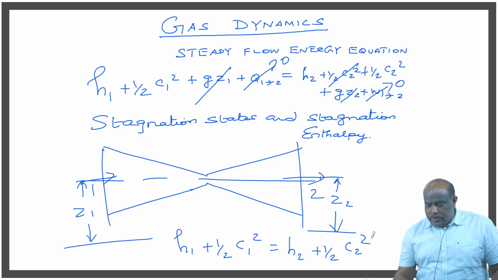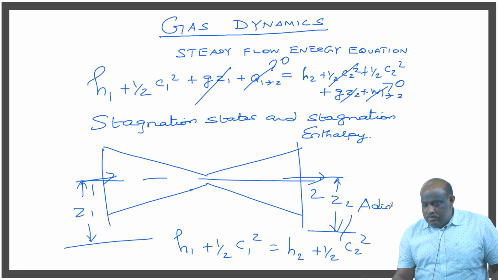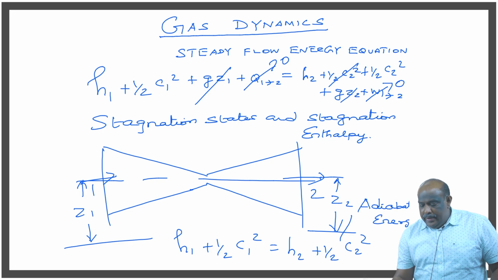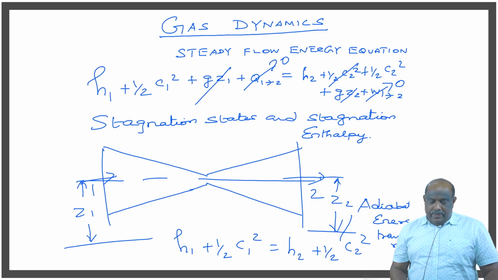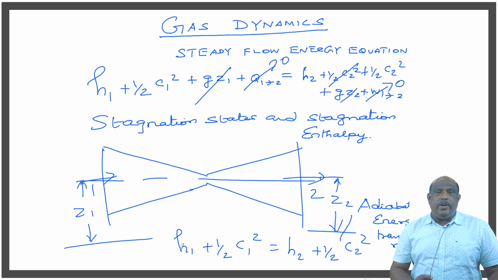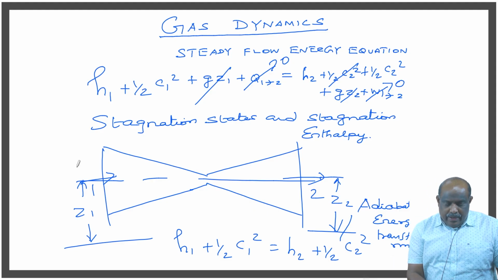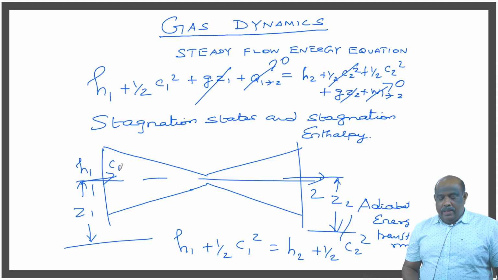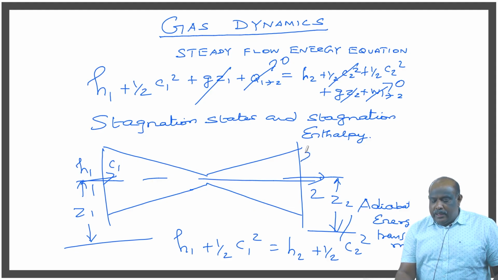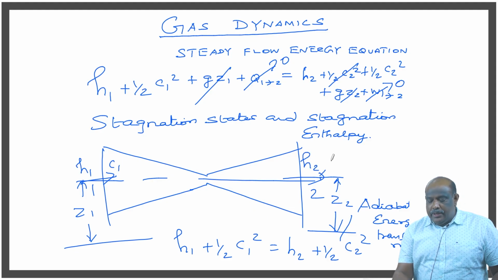So, I can write this equation as adiabatic energy transformation. This equation is very simple. The fluid, or the combustion gases, come in with an enthalpy h1 and a velocity c1, and leave at an enthalpy h2 and velocity c2.